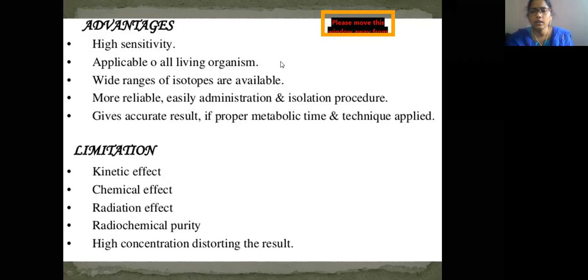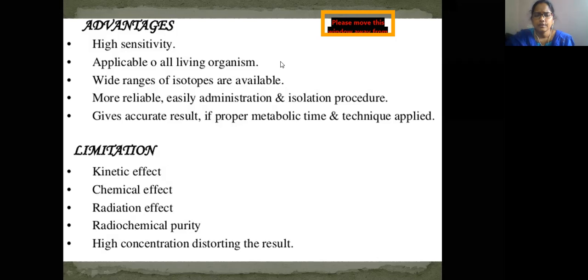It is not compulsory that we should restrict ourselves to only carbon 14, right? We have a wide range of isotopes available, so you can use any isotope depending upon the need, and it is more reliable and easily administered.